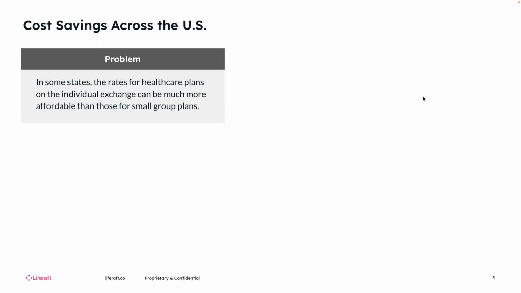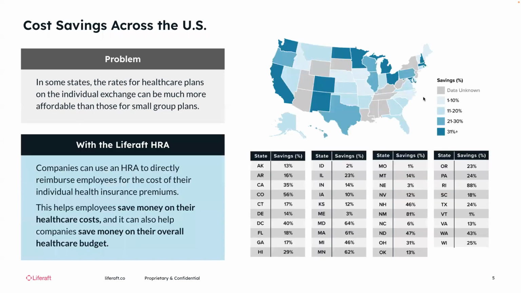And the reality is, when you look at the numbers, and we've run this on all 50 states, the rate for an individual health care plan that is meaningfully similar to what you may be able to get through the group market is significantly lower. And in some cases, it's very close. In some states, it is significantly more affordable.